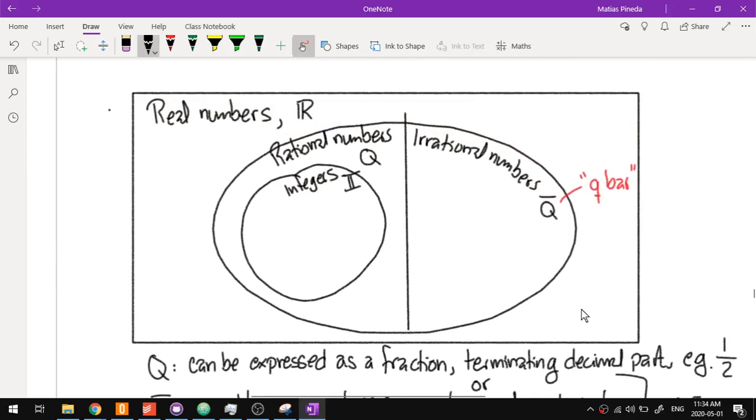Integers in turn can be subdivided into whole numbers.